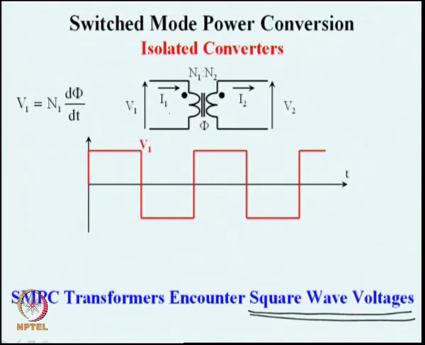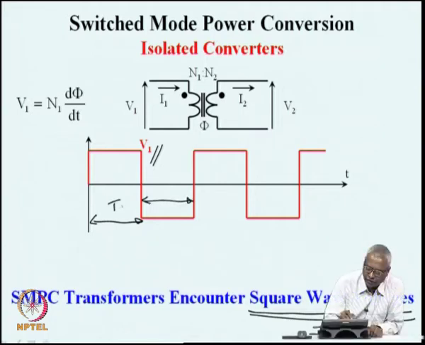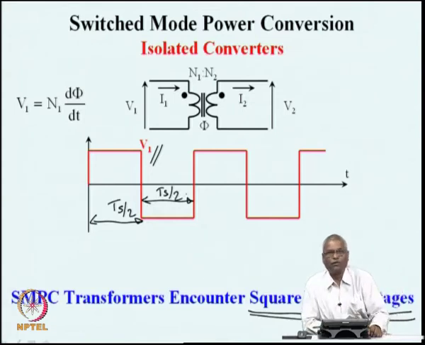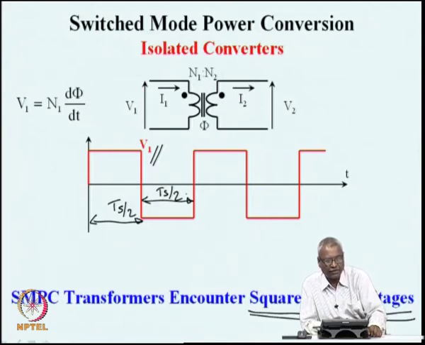The primary voltage V1 is a square wave of some frequency. A square wave has positive half equal to the negative half. This is Ts by 2 and this is Ts by 2. For half the period, the voltage is plus V1, and for the next half period, the voltage is minus V1.